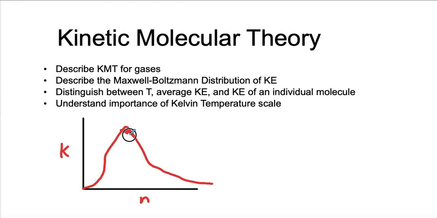It should be a little bit more curvy at the top. So you get this kind of distribution that looks like this with this long tail. This is saying that there are some molecules that have low kinetic energy. There's a lot of molecules that have the average kinetic energy.